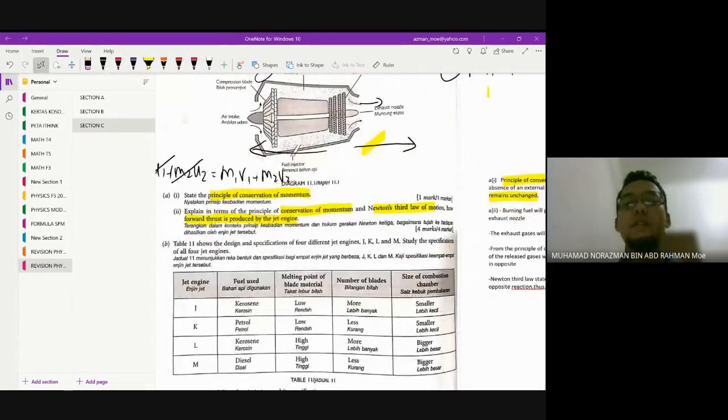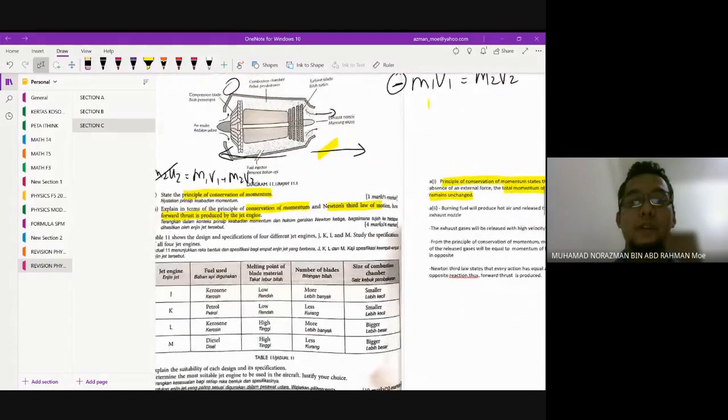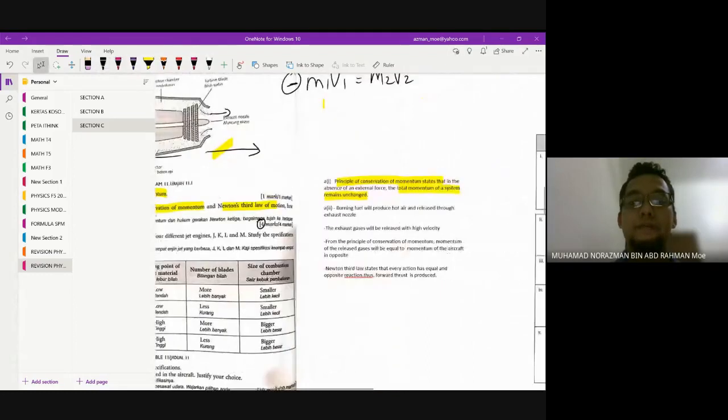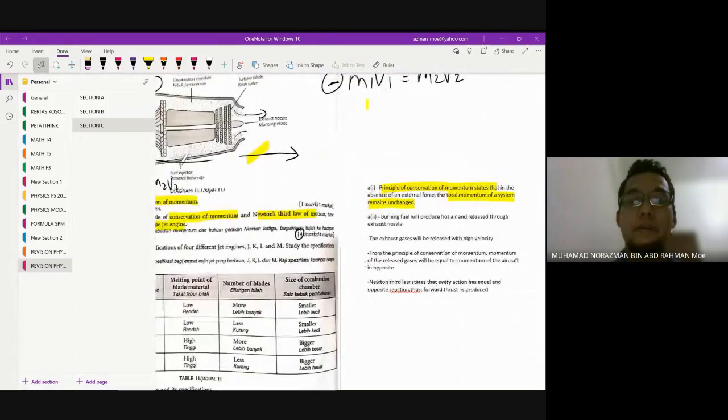Now Newton's third law. Newton's third law states that every action has an equal and opposite reaction. So that is Newton's third law. So 4 marks. How do you want to explain? Okay, look at the diagram.